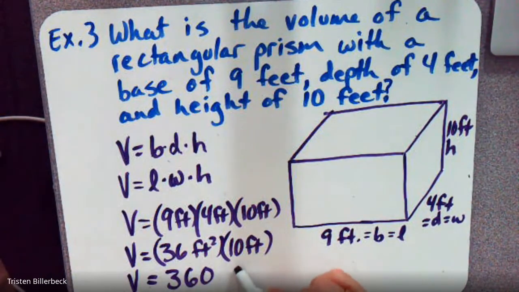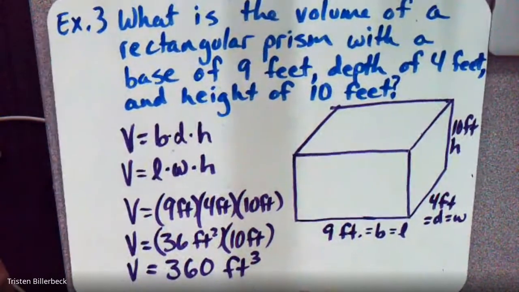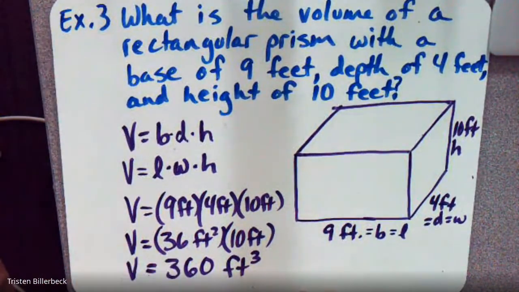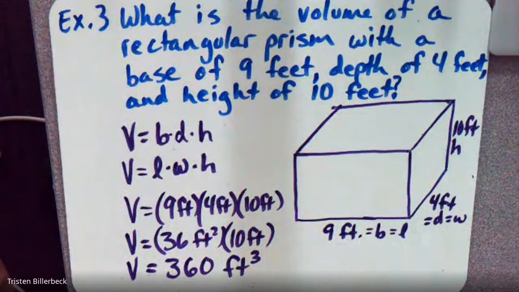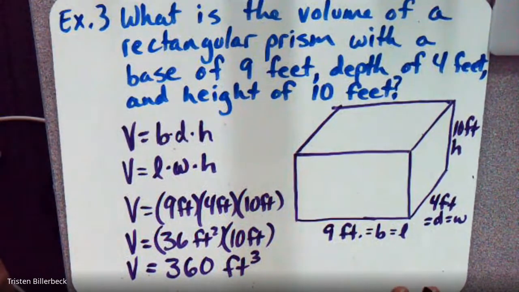So it's 360 feet cubed. So whenever we multiply by 10, we just add that 0 to what number we are making a product with. Okay, so the volume of this rectangular prism, which is also a cuboid, is 360 feet cubed.